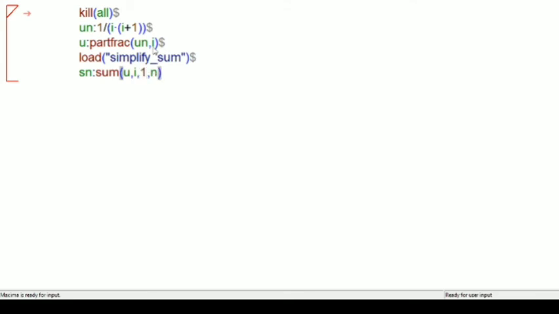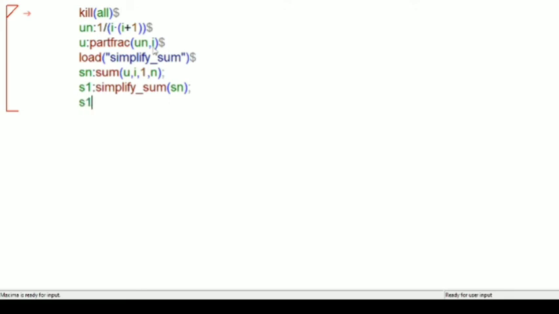The first n terms will be stored in Sn. I don't want to display this. If you want to display this, you can use a semicolon. Okay. Then let's simplify this using the command simplify_sum of Sn. I want to display this, so I'll use a semicolon.